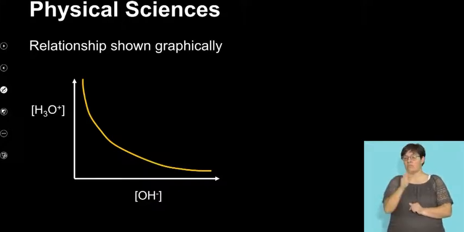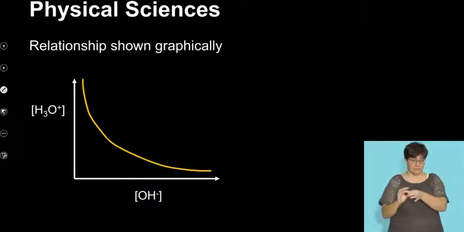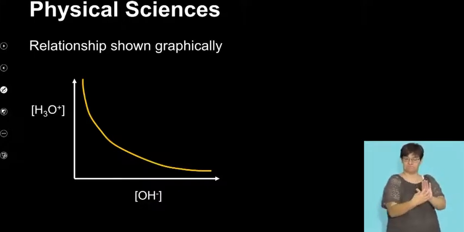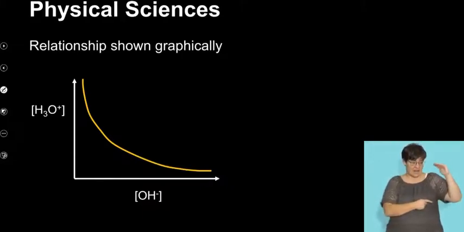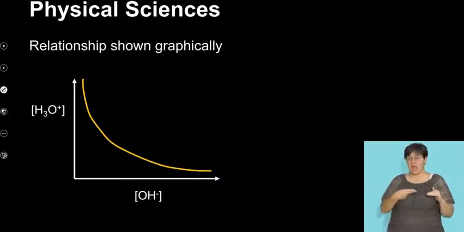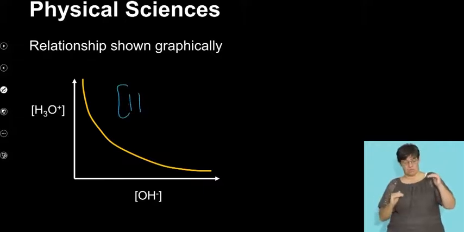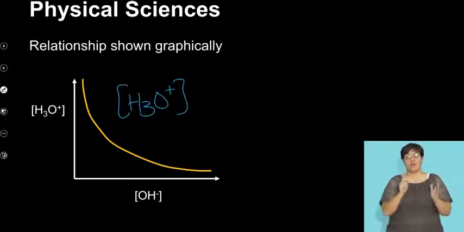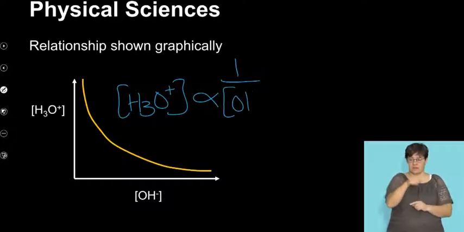Right, now if we look at the relationship shown graphically, we can see that the hydronium ion concentration will decrease as the hydroxide ion concentration increases by the same proportion. And as I said, I can also write it like this: hydronium ion concentration is inversely proportional to the hydroxide ion concentration.